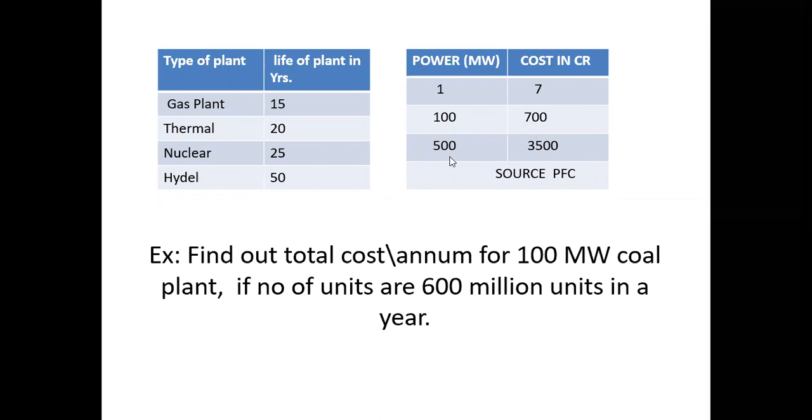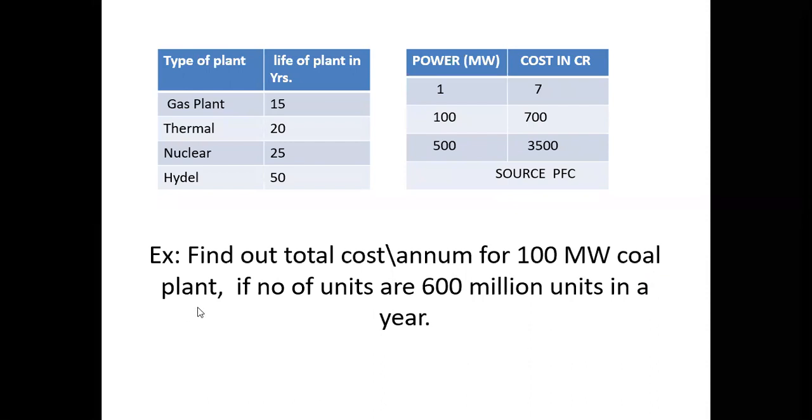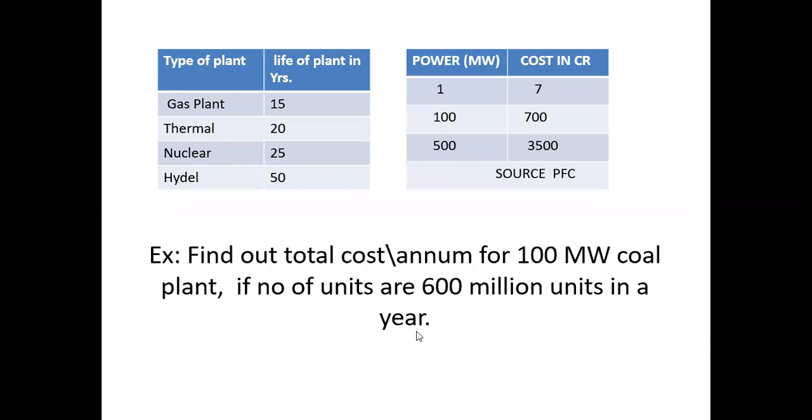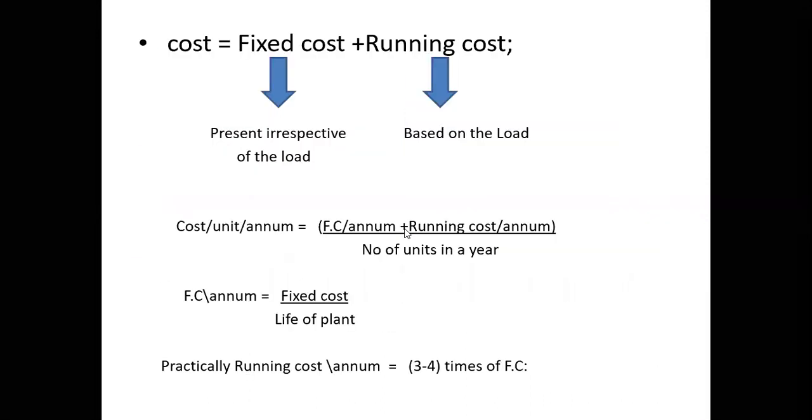So by using these two tables, we will do a basic problem: find out the total cost per annum for a 100 megawatt coal plant if the number of units is 600 million units in a year. How can you calculate the total cost? In order to calculate the total cost, we have to find out the fixed cost as well as the running cost. The fixed cost is total fixed cost divided by life of plant.